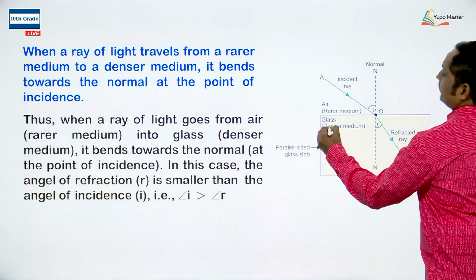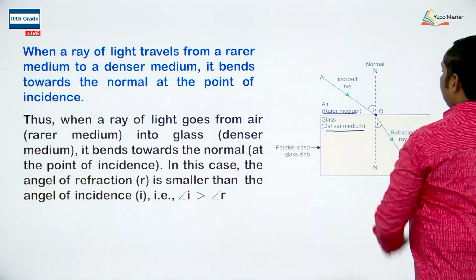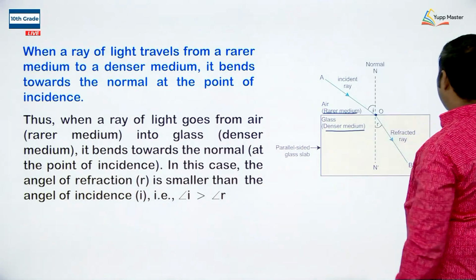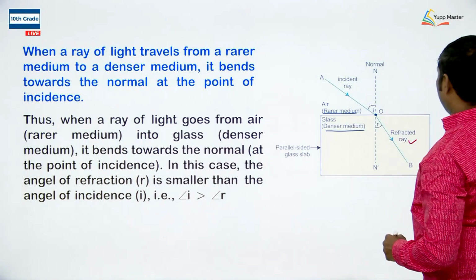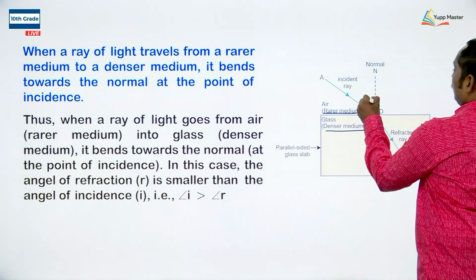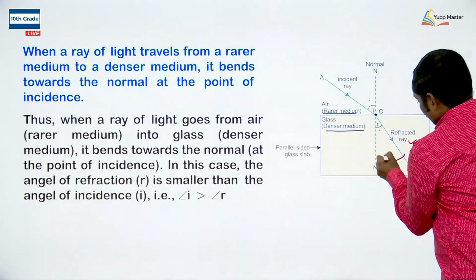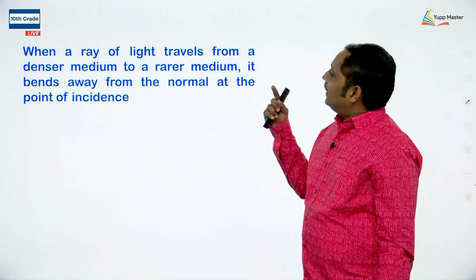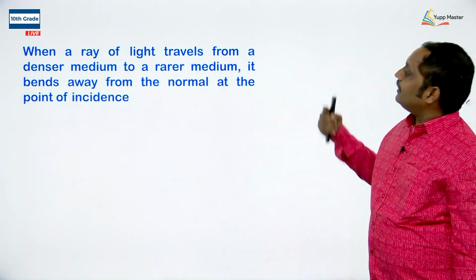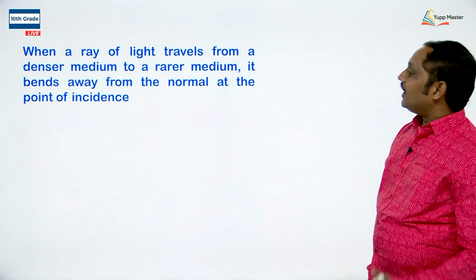Here the denser medium is the glass, and this is the air medium, the rarer medium. This is the refracted ray, and it bends towards the normal, as compared to the angle of incidence. So, it bends towards the normal. Now, whenever light travels from a denser medium to a rarer medium, it bends away from the normal.